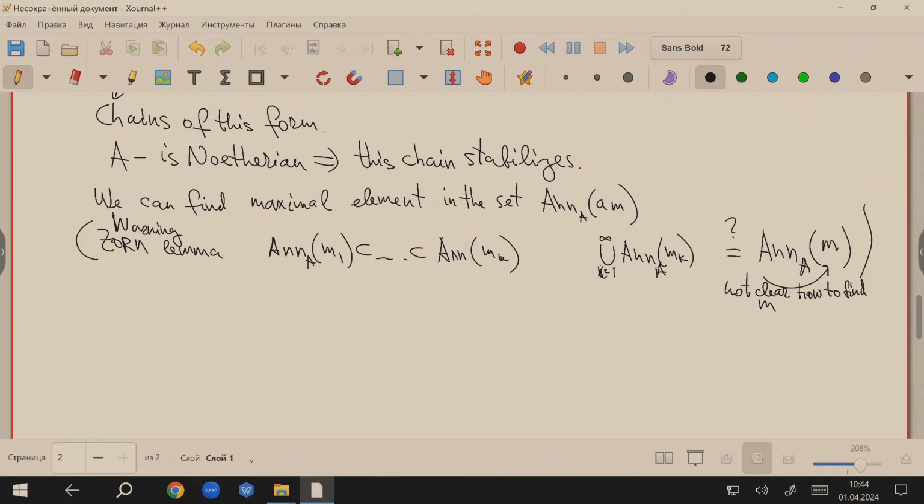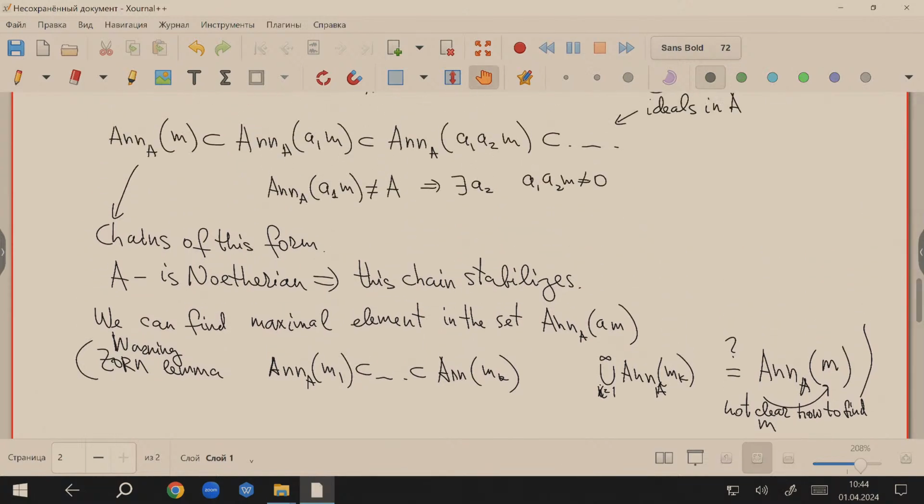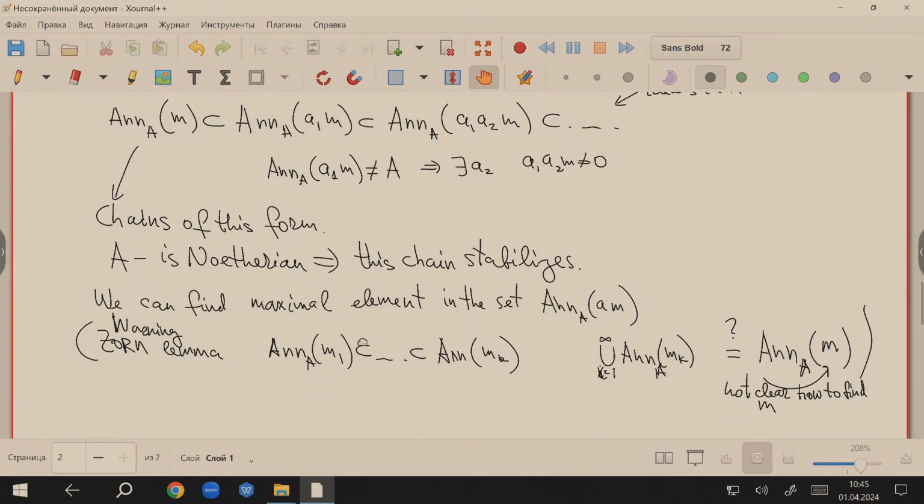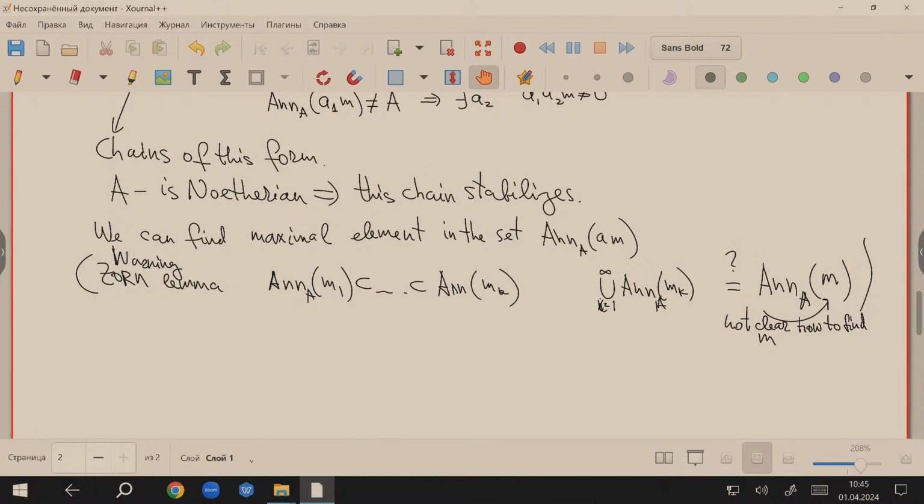Or you may think of it in a very algorithmic way: you take a new element that doesn't annihilate your element on the previous step, and you proceed until you cannot enlarge the chain by this procedure. And the claim is that a maximal element in this chain is a prime ideal.